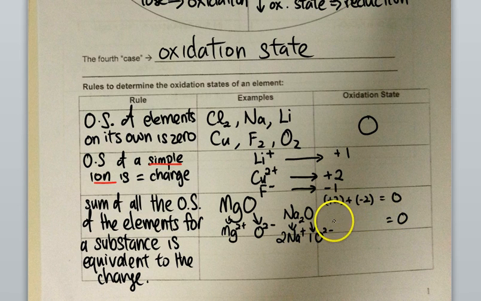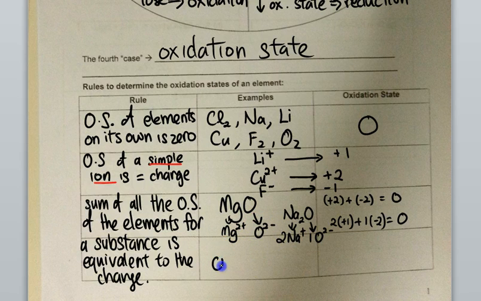Because there's 2 sodium, so it's a 2 times oxidation state of +1, and 1 times oxidation state of -2. Overall, you add up, it will be 0. So these are compounds where it is neutral.